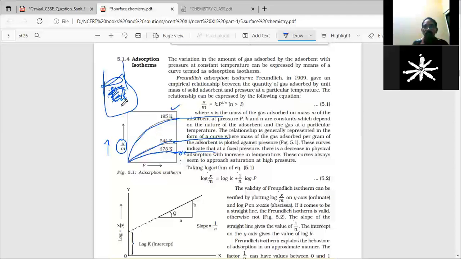If you increase the temperature, those molecules move here and there, so they leave the surface. Have you understood the two points? One, after a certain pressure there is no change. Two, if you increase the temperature, adsorption decreases; if you decrease the temperature, adsorption increases. Got it? So x by m is inversely proportional to the temperature.